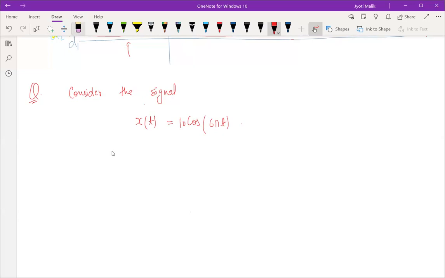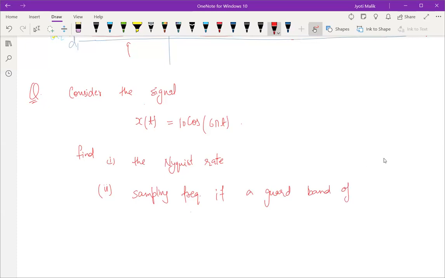Then find the Nyquist rate. Second, find out the sampling frequency if a guard band of 200 hertz is used.